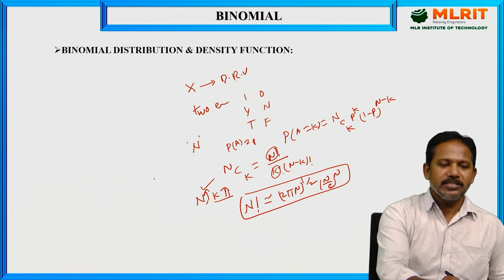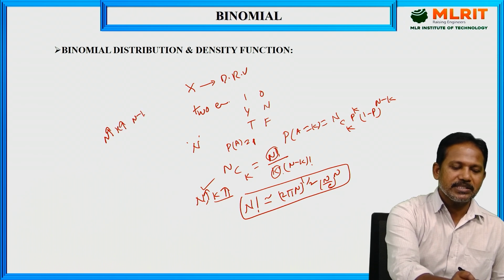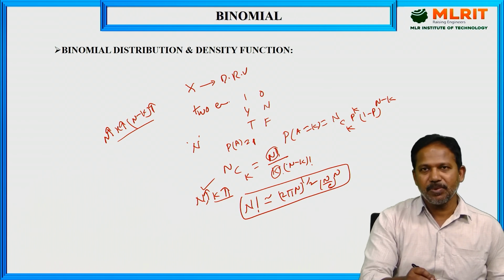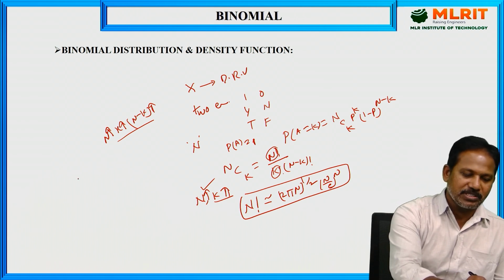Here n is very large, k is very large and n minus k is also very large. In that case, I can't use this type of formula. That's why I'm using the de Moivre Laplace approximation.